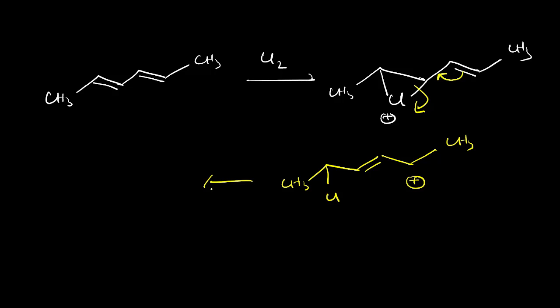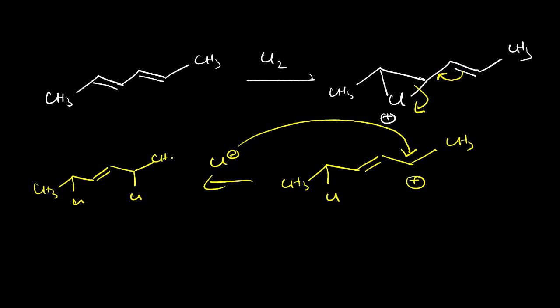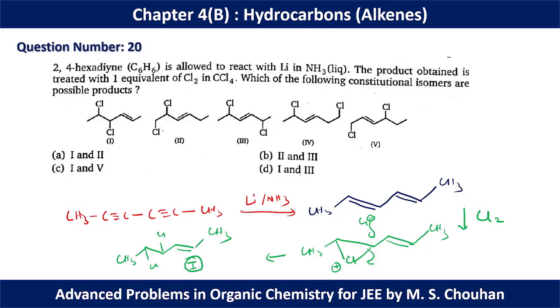Okay, and finally one Cl minus, which is present as nucleophile initially, will be added to this position, and we are getting this kind of situation. Okay, so for question number 20, option D is the correct option, because 1 and 3 are the correct options.